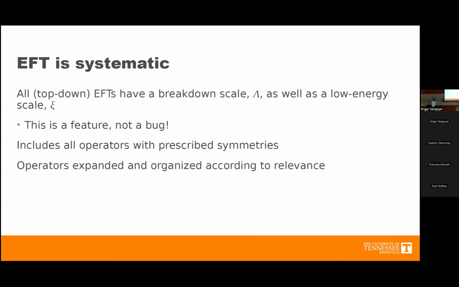And this is, in some ways, a hindrance, right? You can't extend this theory to everything, but it also gives us a lot of power in terms of describing uncertainties. So very often we'll say that this is really a feature of the theory, not a bug.